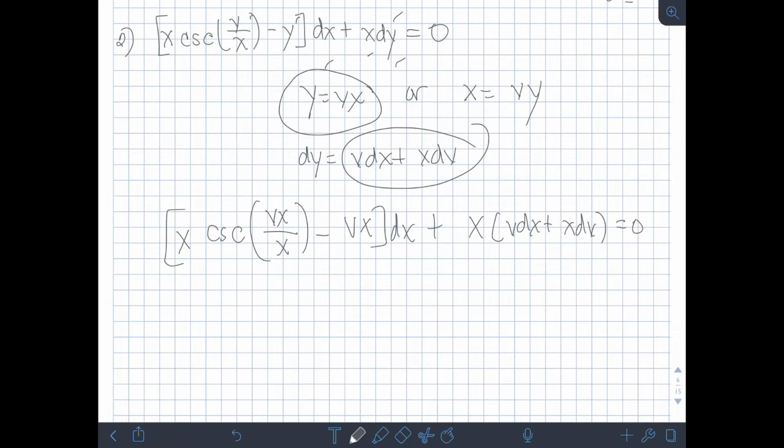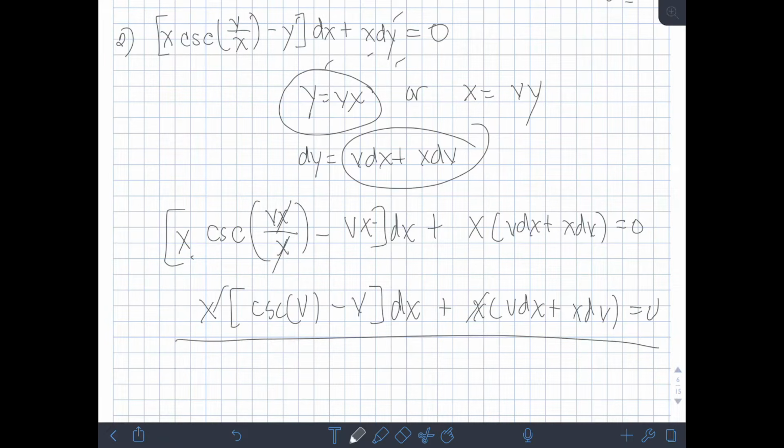Okay, so itong x, pwede natin i-factor out dito, magiging x times cosecant, tapos itong x makakancel, magiging v na lang, right? Minus v dx. Okay? Plus x v dx plus x dv equal 0. Tapos ito, pwede nating makancel. Divide natin both sides by x.